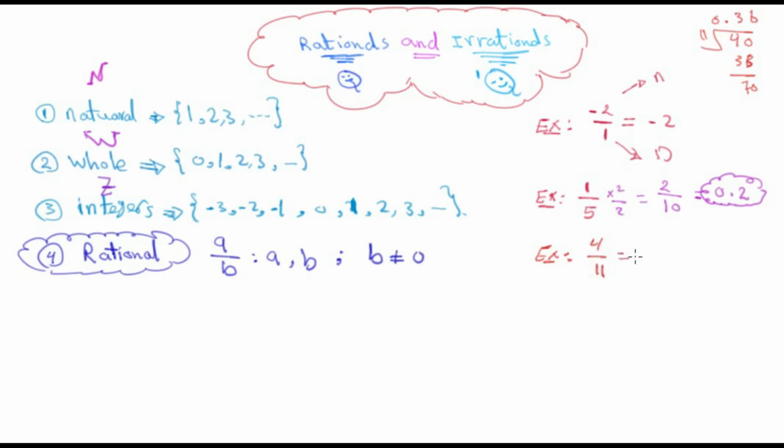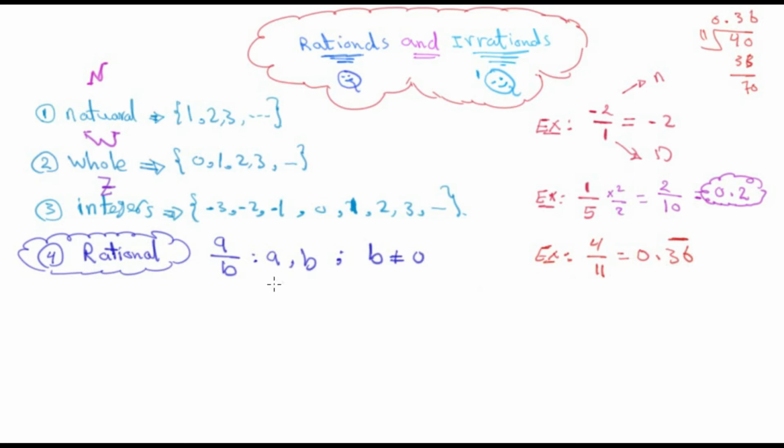I can write it as 0.36, but I'm going to draw a line over 3 and 6, because that means 3 and 6 are repeated digits, and we call this type of decimals repeating decimals.